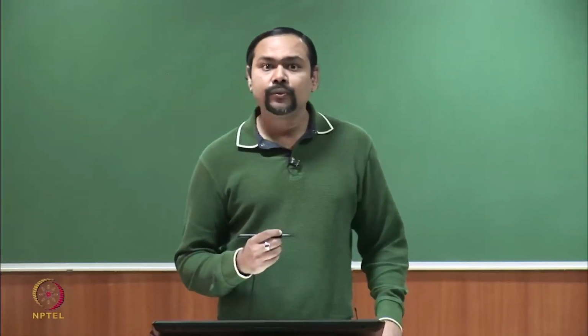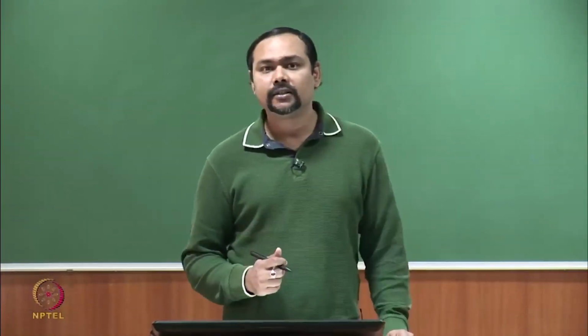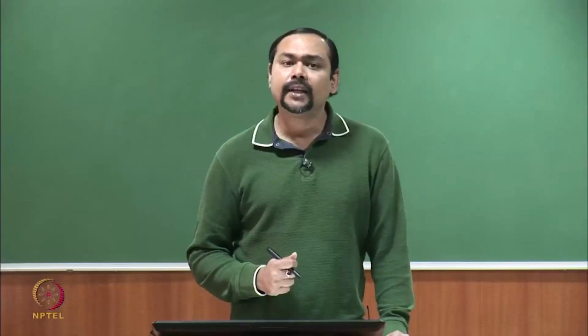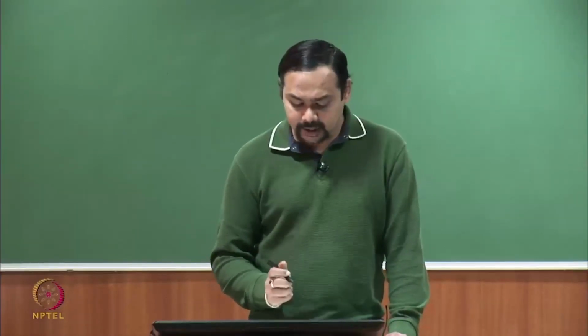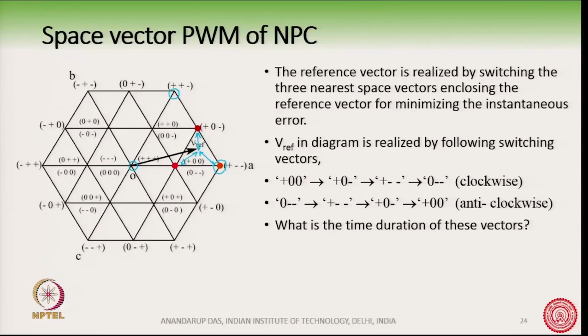And so, suppose I did not have a 3 level space vector diagram, if I had a 2 level space vector diagram and I wanted to realize this Vref, I had no choice other than this one and this one, which would have caused instantaneous errors of magnitude this much and this much.